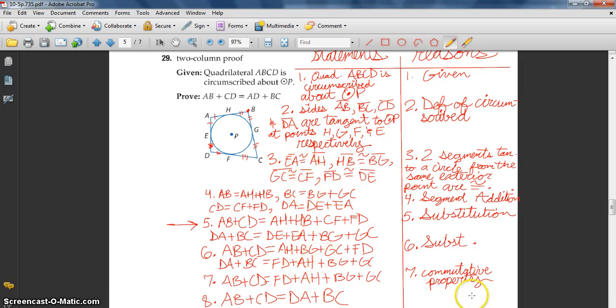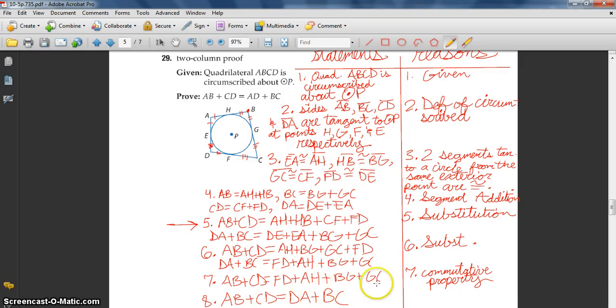Now I'm going to use the commutative property of addition, which just means it doesn't matter what order you add in. I'm going to get these in the same order as what I have here. So I'm just going to reorder so that it's FD, then AH, then BG, then GC. So I have the exact same thing here as I have here.